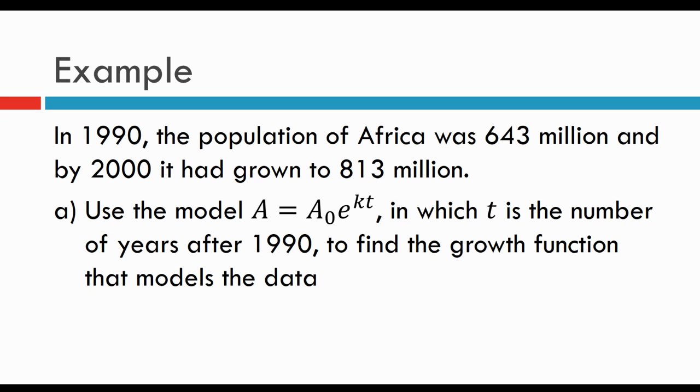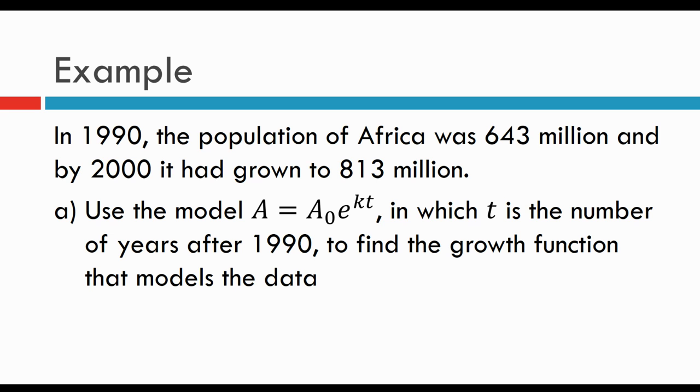Essentially, we're going to substitute in something for A sub 0, and we're going to want to find k so we can plug that in as well, and then that would be our model.